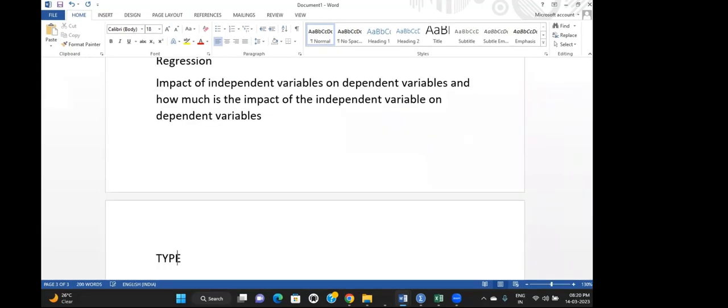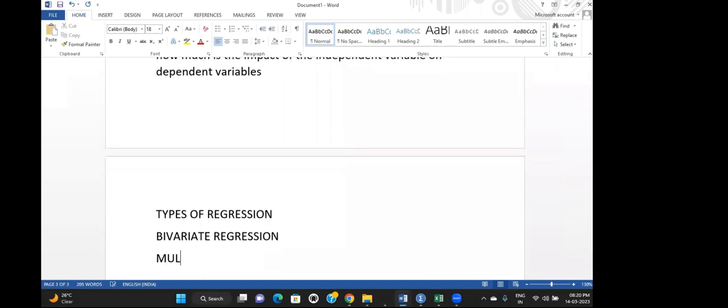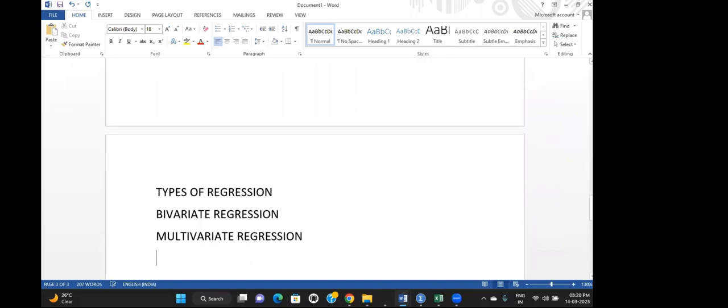So the next is types of regression, right? Bivariate regression and multivariate. There are basically two types of regression. One is bivariate regression and another is multivariate.